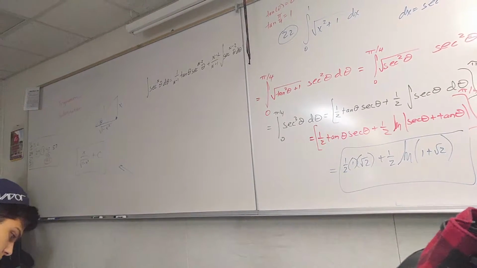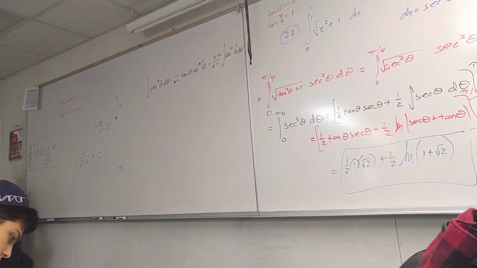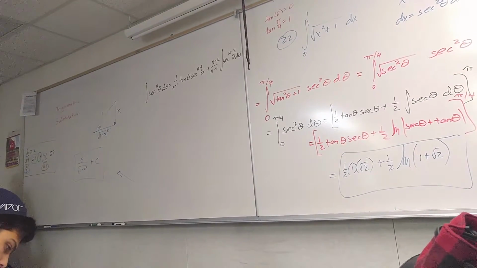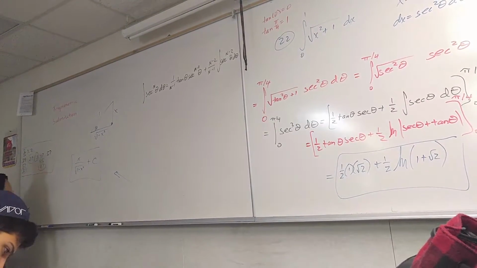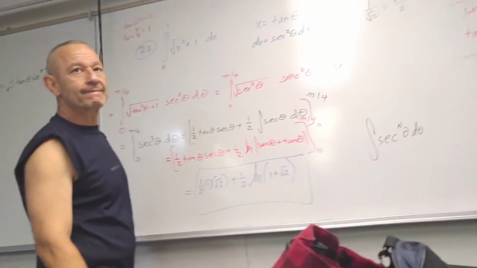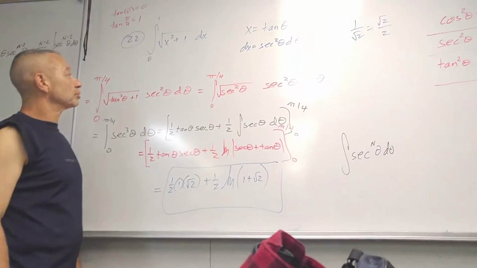Well, 24, that's not a number minus something squared. What about 16? Yeah, let's do 16.